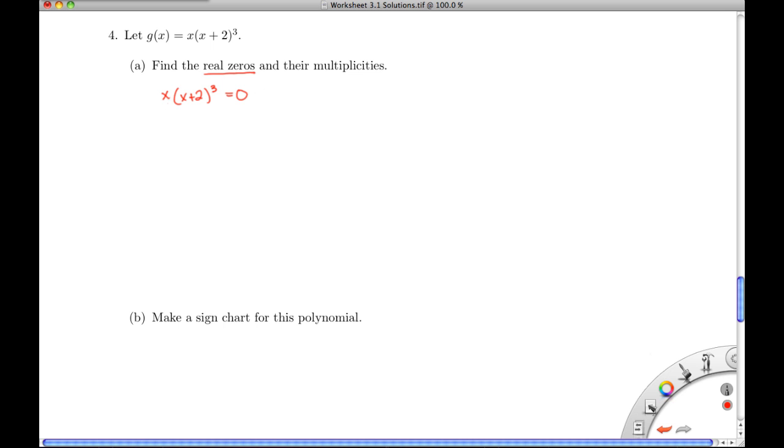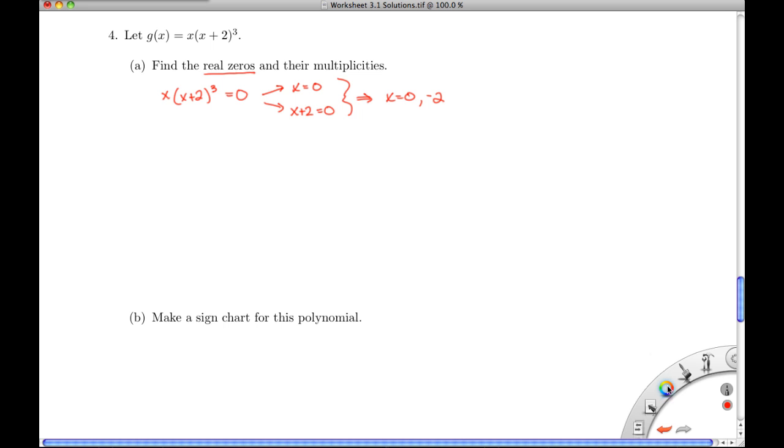So since the product of these factors is equal to 0, then we know that either x would have to be 0 or x plus 2 would have to be equal to 0. And from this, we see that our two zeros would have to be x equals 0 or x equals -2. So these are the two zeros.